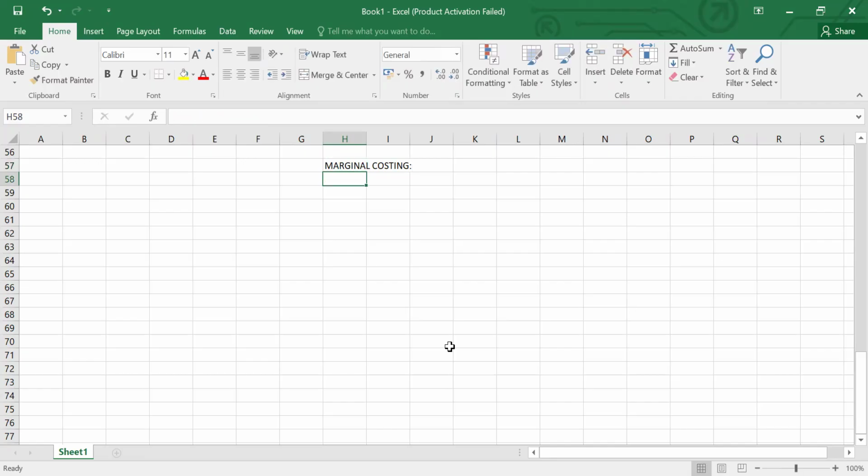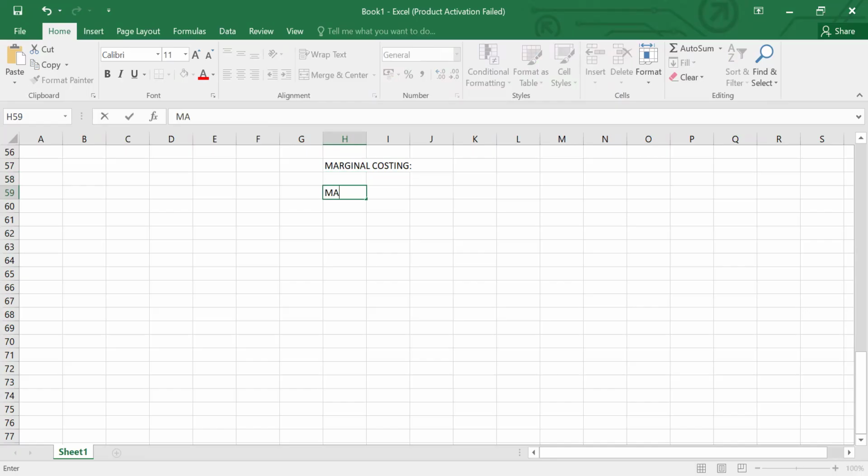Marginal costing. Can you tell me what the word marginal means? Do you know the meaning of the word margin? Um, it's sales revenue minus contribution, and marginal costing is good for making long-term decisions. Okay, now let me tell you.